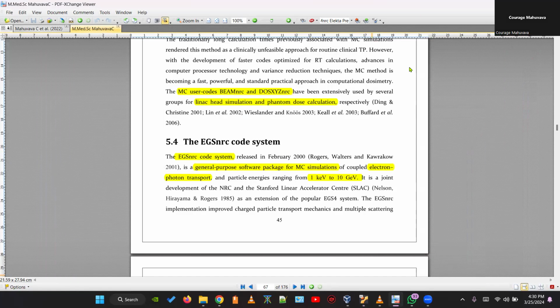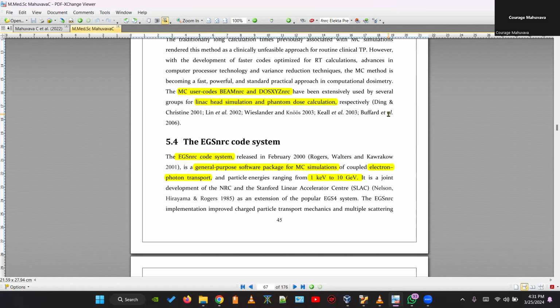But it's not only those. We, however, will focus mostly on BEAMnrc for treatment unit simulation and DOSXYZnrc for phantom or patient dose simulation. All right. So the EGSnrc has been used since the early 2000s, and it was tried and tested by several authors.